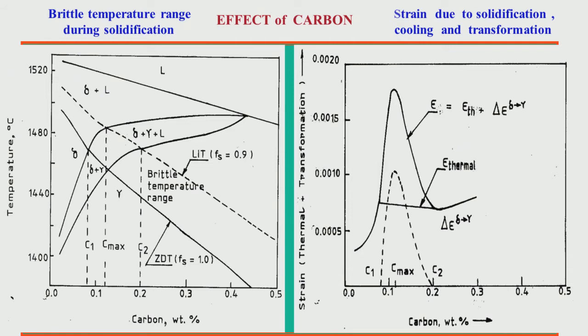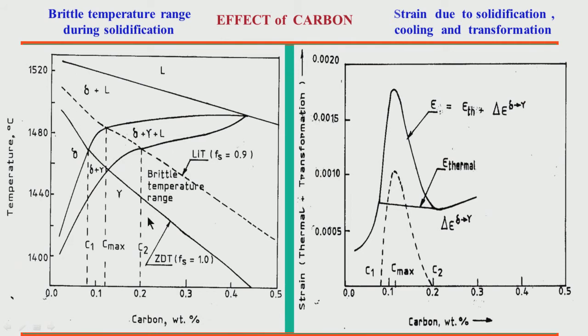If you look at this particular figure, we will find that initially during solidification there is liquid, then from liquid we have delta plus liquid or delta plus gamma plus liquid depending on the chemistry, or you may have liquid plus gamma only at high carbon or carbon equivalent.